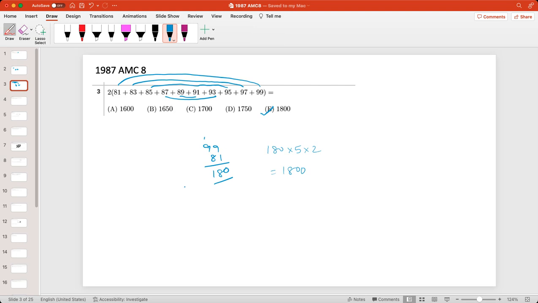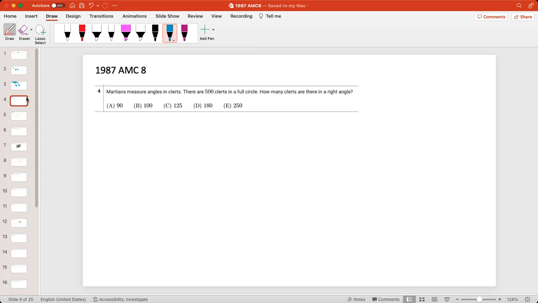So this is how you do this sum in a really quick manner. Always when you're given sums like this, look at the units digit and see if you can find a pattern in the units digit which will make your additions easier, adding up to 10. Go to the next question.